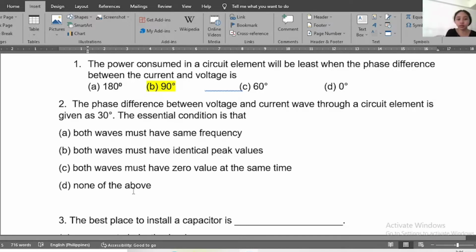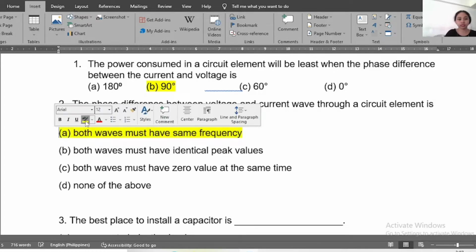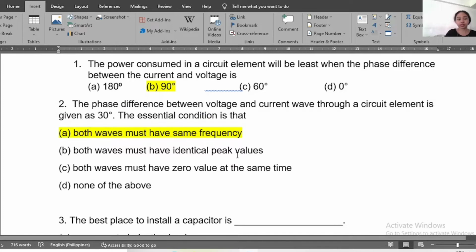So what's your answer for question number two? The answer will be both waves must have the same frequency. So that is the most essential condition if we are given 30 degrees difference between the voltage and the current.